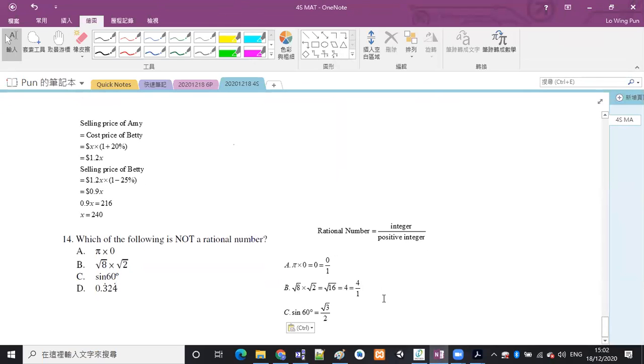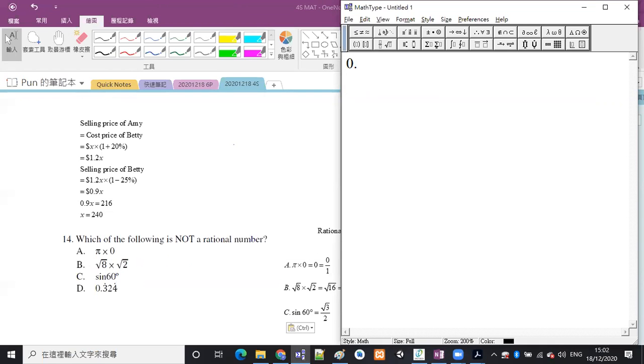Can you get this? Okay. How about D? 0.324 recurring decimal.